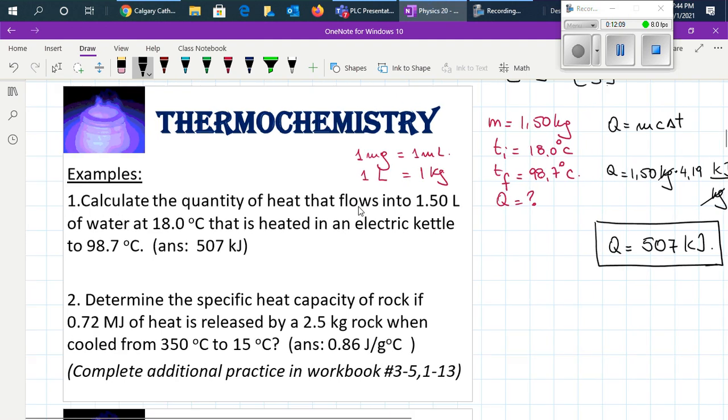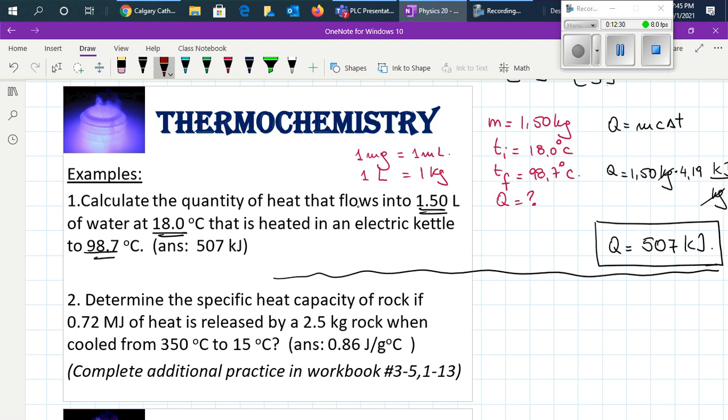The number of significant digits in this question is 3, and since we are multiplying, we go with the lowest number of significant digits, and that number is 3, so the final answer will be 507 kilojoules.